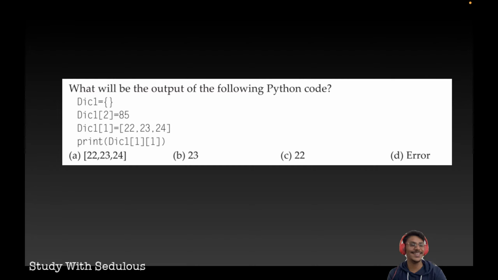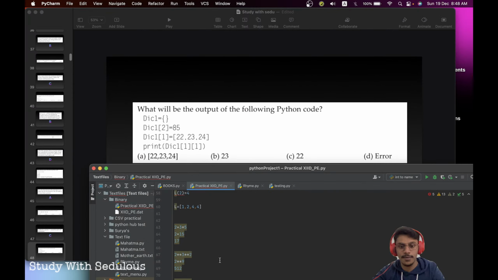And dictionary's first indexing 22, 23, 24. Print dictionary 1 of 1. It will be 23. Why? Because this is how we see this question.